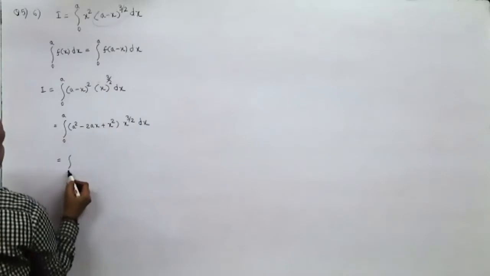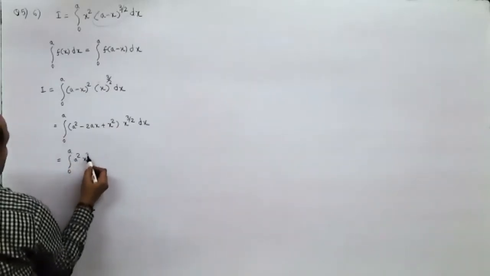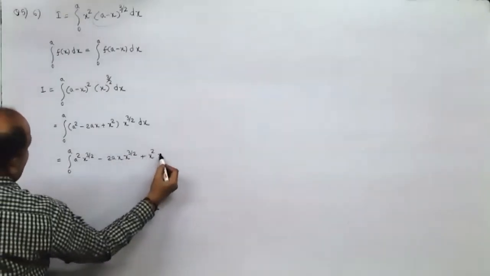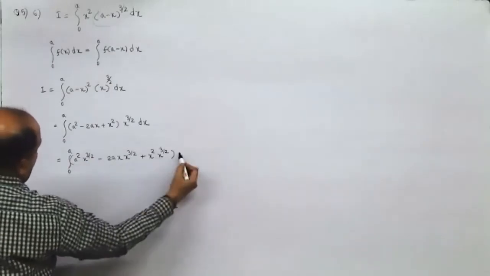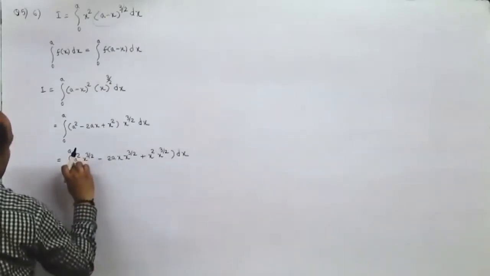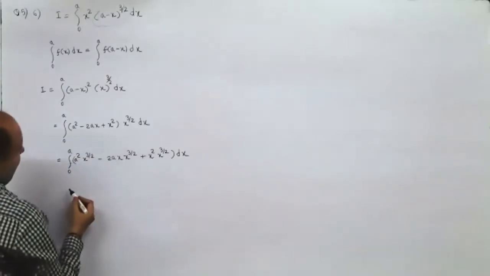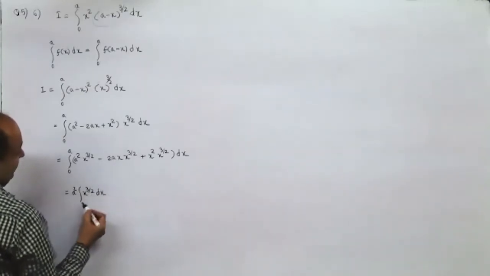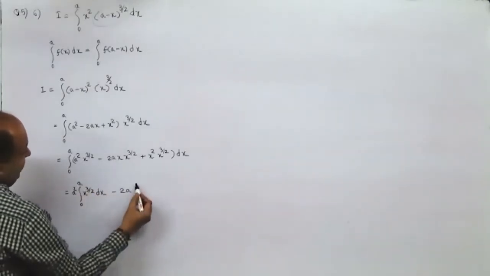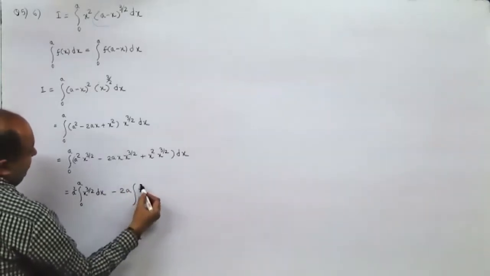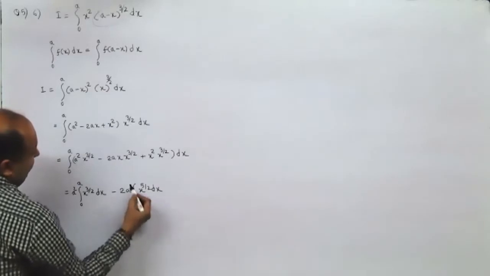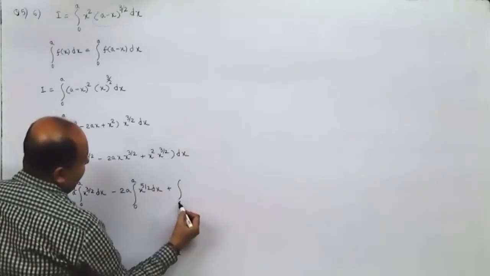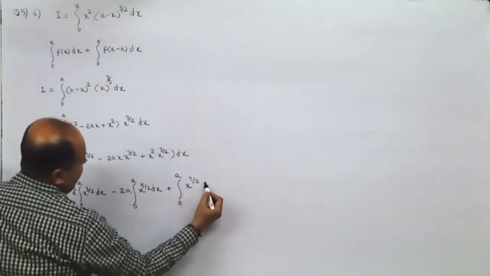When I multiply it inside, I'll get 0 to a, a square x raised to 3 by 2 minus 2a into x raised to 3 by 2 plus x square into x raised to 3 by 2. So here, this would be a square into x raised to 3 by 2 dx between 0 and a, 2a outside, x raised to 1 plus 3 by 2 is 5 by 2, 0 to a, then plus, this is 2 plus 3 by 2, so that is 7 by 2, so 0 to a, x raised to 7 by 2 dx.